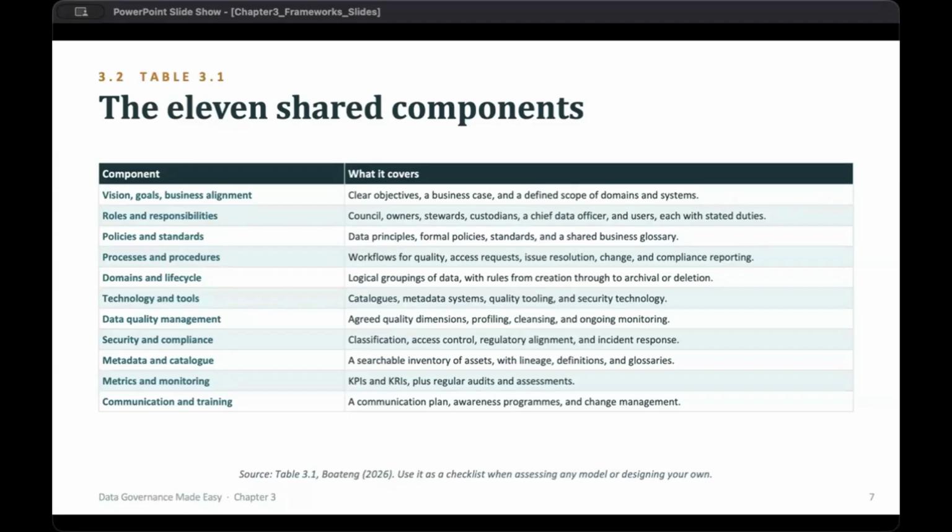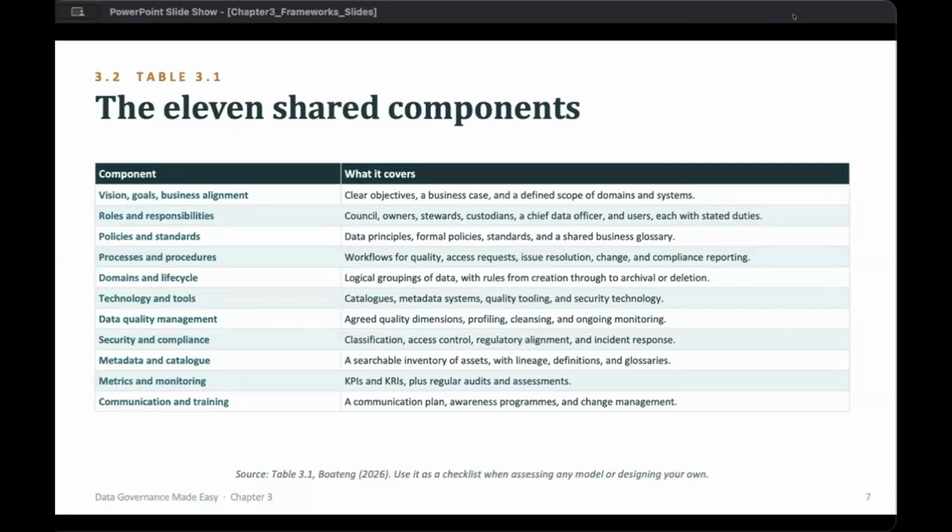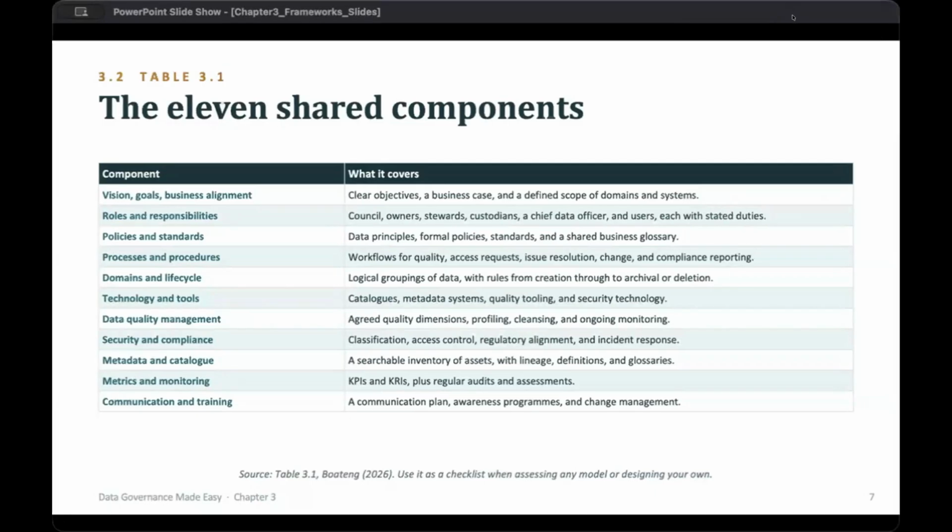The roles and responsibilities highlight the human aspects of the framework. Who is going to oversee it? The council, the owners, the CEOs, the custodians.